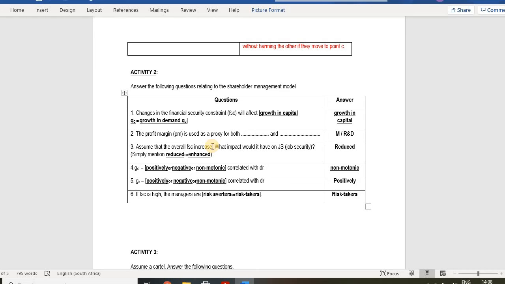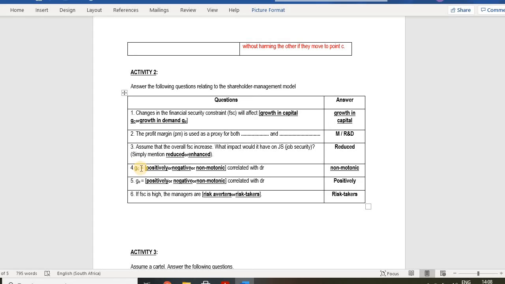So when it is high, it means that the job security will be reduced, it will be low. When you're free to a certain extent in your finances, it means that tomorrow you might experience a job loss. So job security will be less when the constraint for financial security is high.